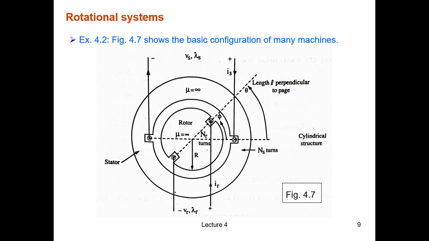We have two coils, one on the rotor, which we supply current IR, and we will have VR and lambda R associated with that coil. On the stator side, we will have another coil, and we supply the current IS, and we will have the induced voltage VS and the associated lambda S. In the live stream session, I will go through a more detailed calculation.